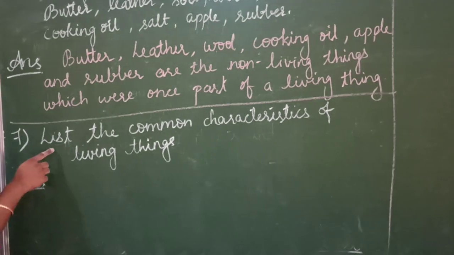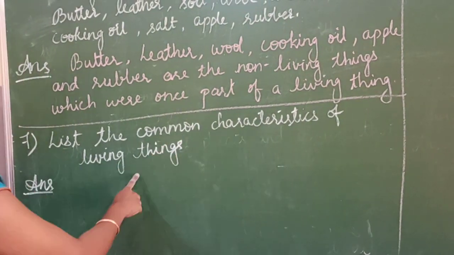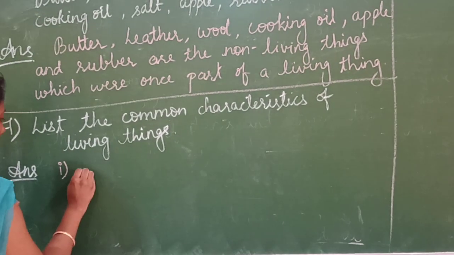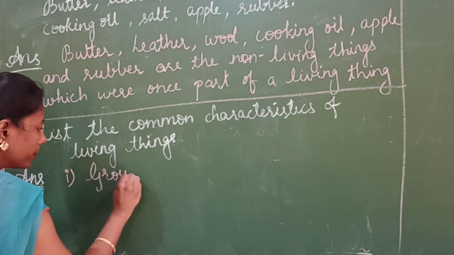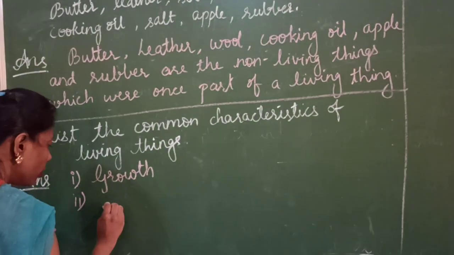Now write down the seventh question. List the common characteristics of living things. Write down the answer. First one, growth. Second, movement.